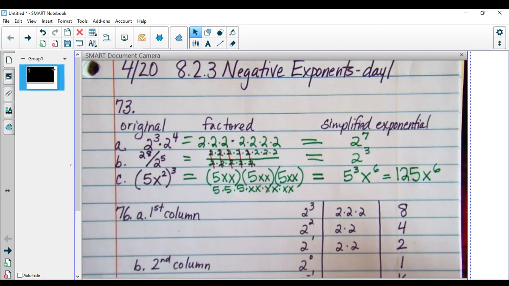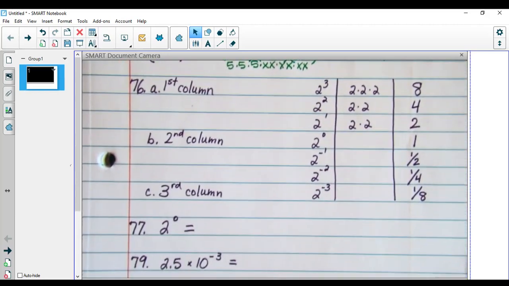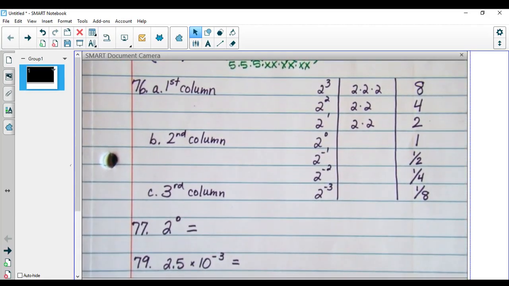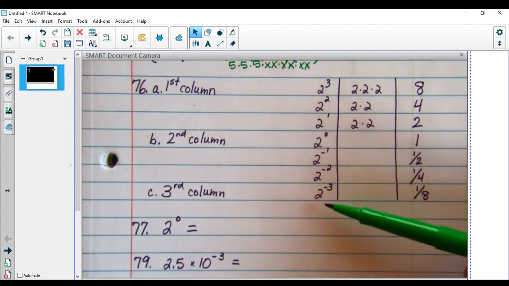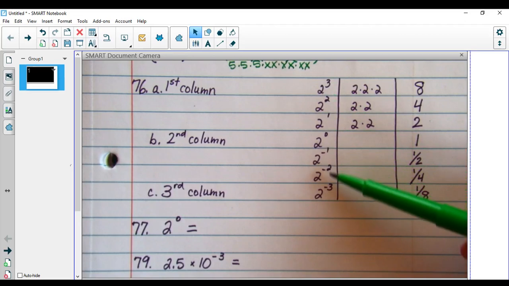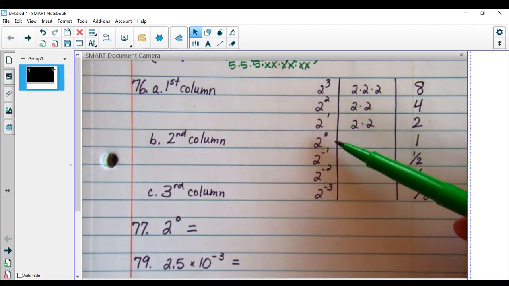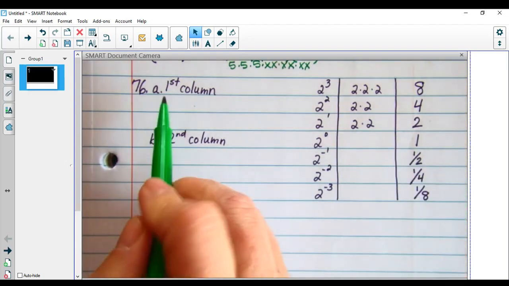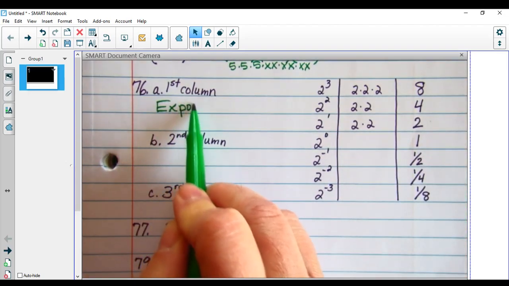Going to number 76, we have a partial table that you had in your worksheet. So if we look at the first column, we have a common base of 2, but the exponent goes down by 1 every time. So our exponent decreases by 1.